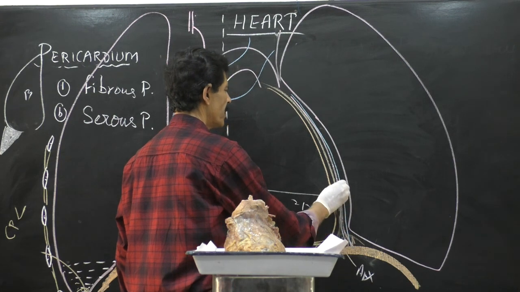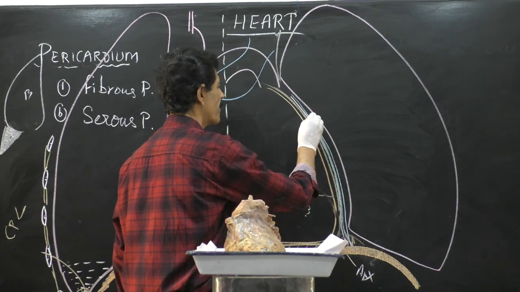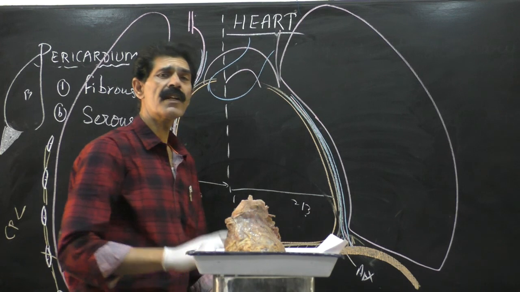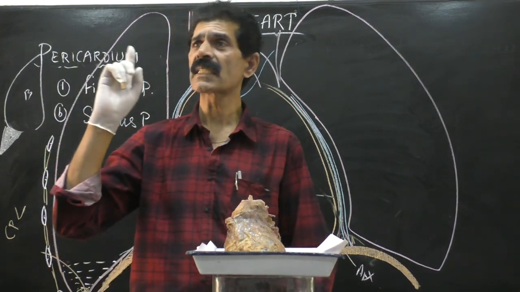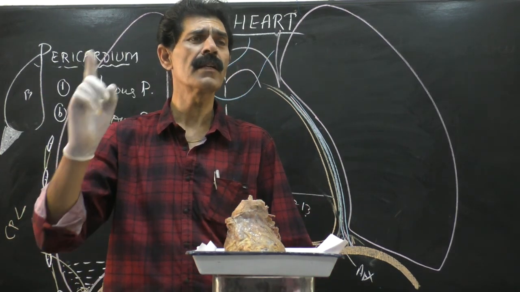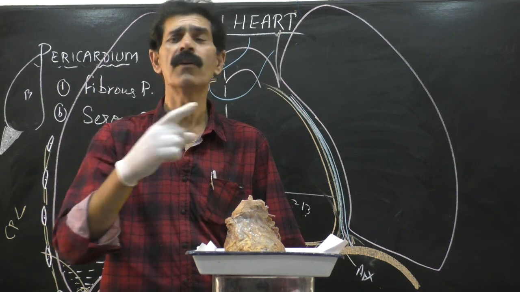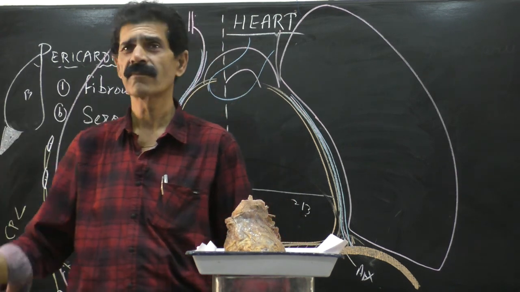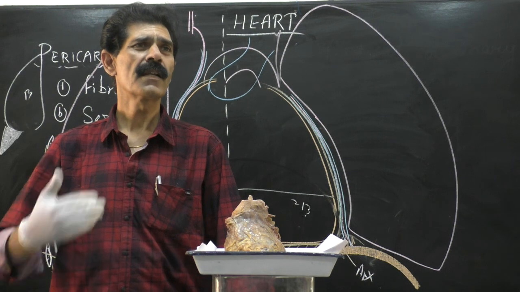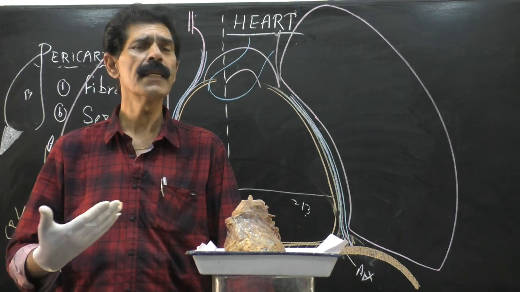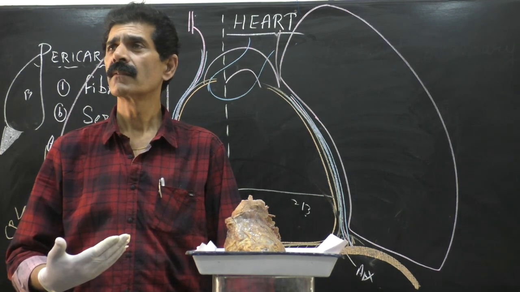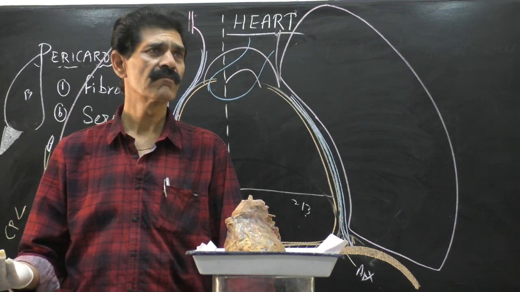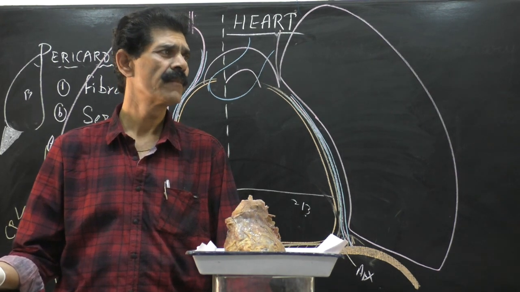There are so many vena comitans present, but it is not present everywhere. Wherever it is essential to the arterial supply of a particular organ, only there vena comitans are there. The internal thoracic artery, the main artery, is supplying the intercostal muscles, for which we are surviving. Without respiration, we will die.